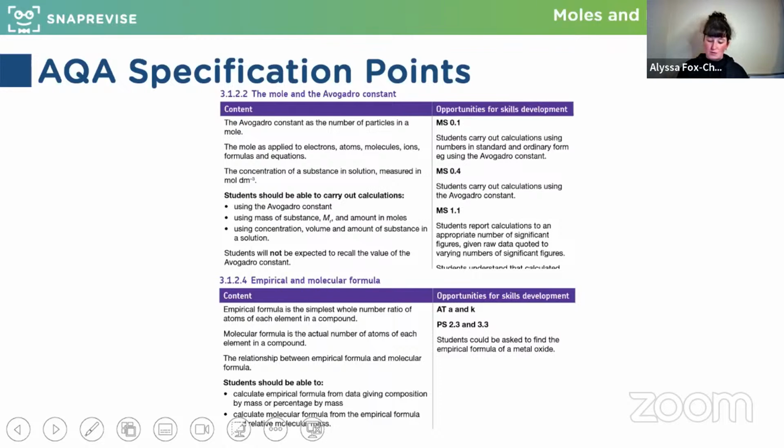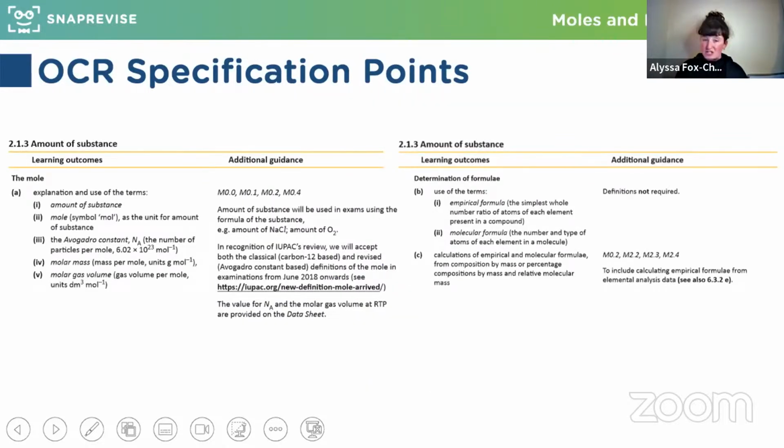They tell you exactly what you need to know, the wording that they like to hear, how detailed the explanation needs to be, etc. So get confident with your specifications. If you're AQA, it's these spec points that we're going to be looking at today. If you're OCR, it is these.